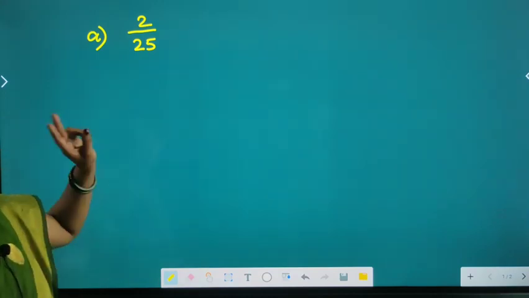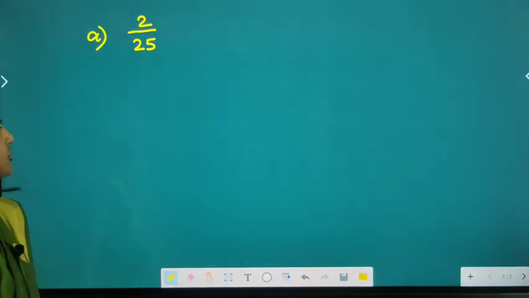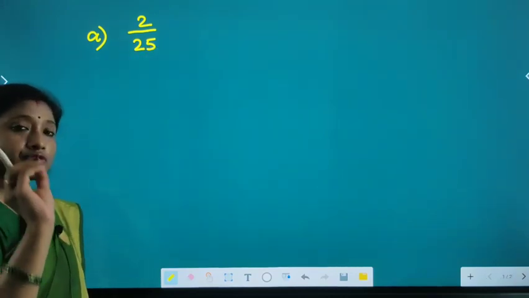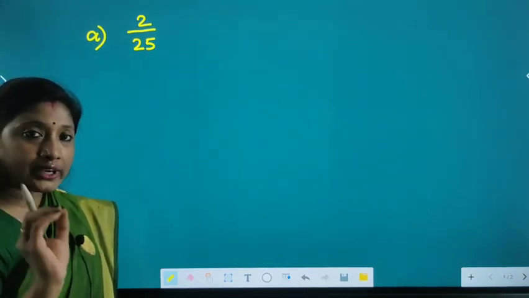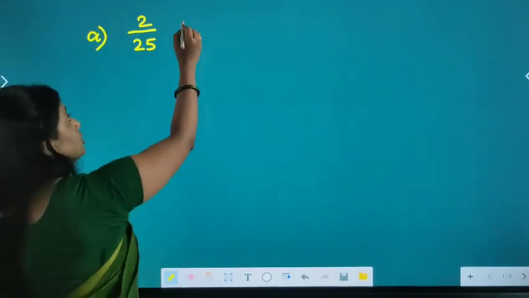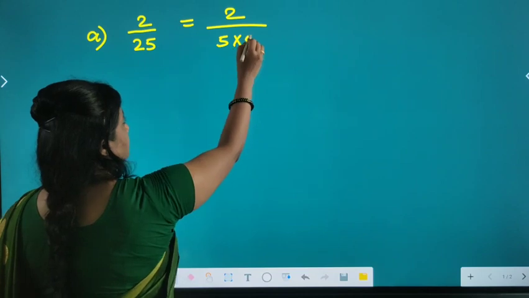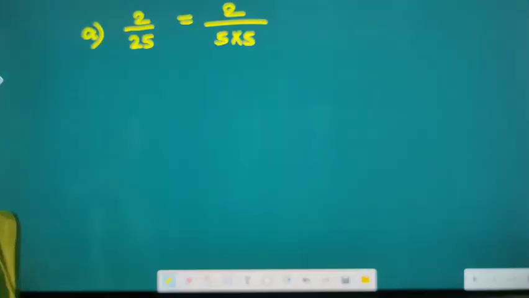So check the denominator first. The denominator is 25. You have to write the prime factorization of 25 only. So 25 is 5 into 5.